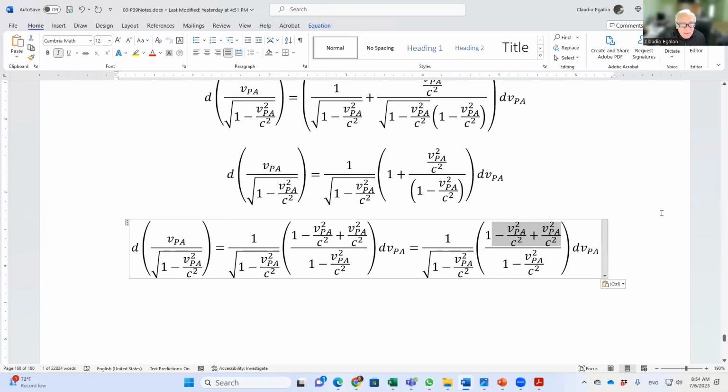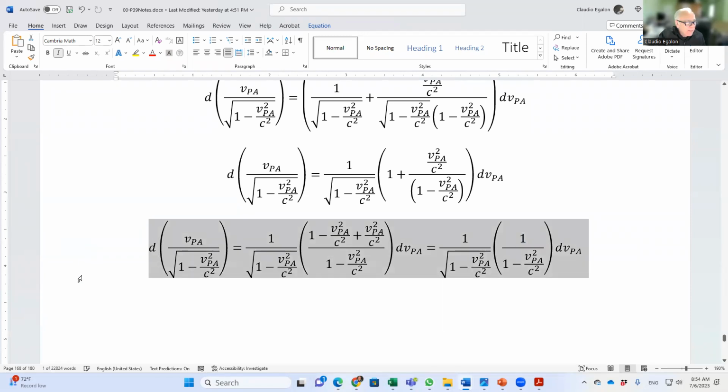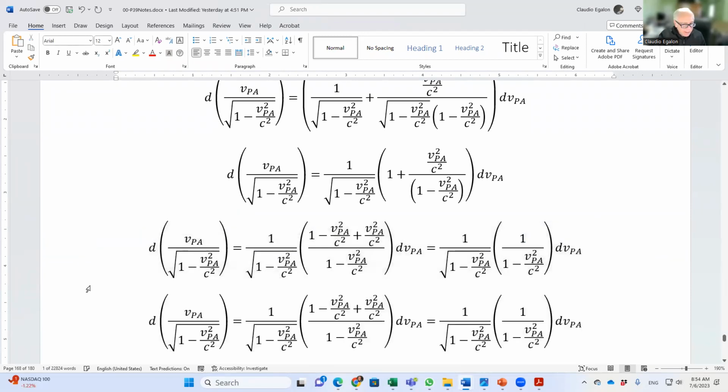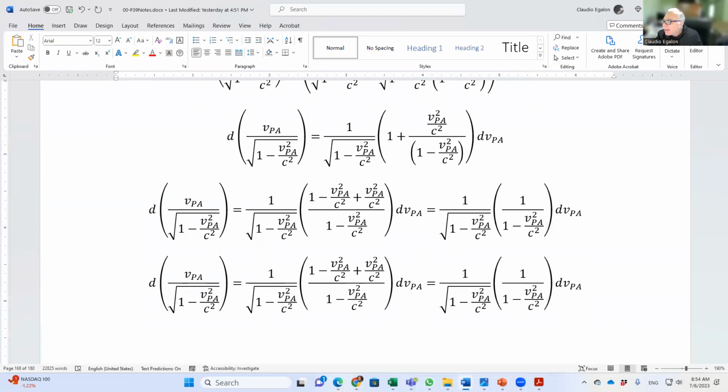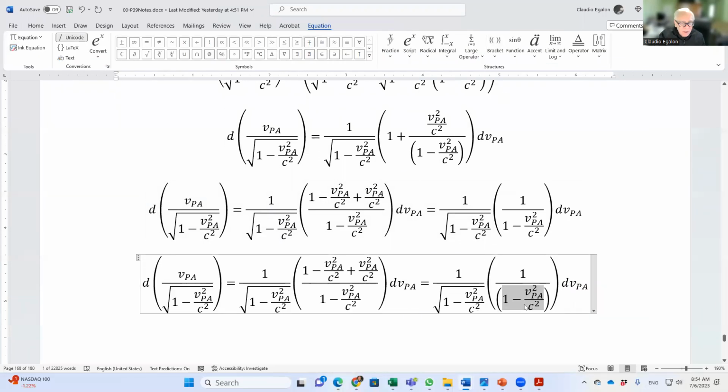Let me cancel this one here. Right? And what else do we do here? We combine finally, right? Let's combine. I'm going to put a parenthesis here.